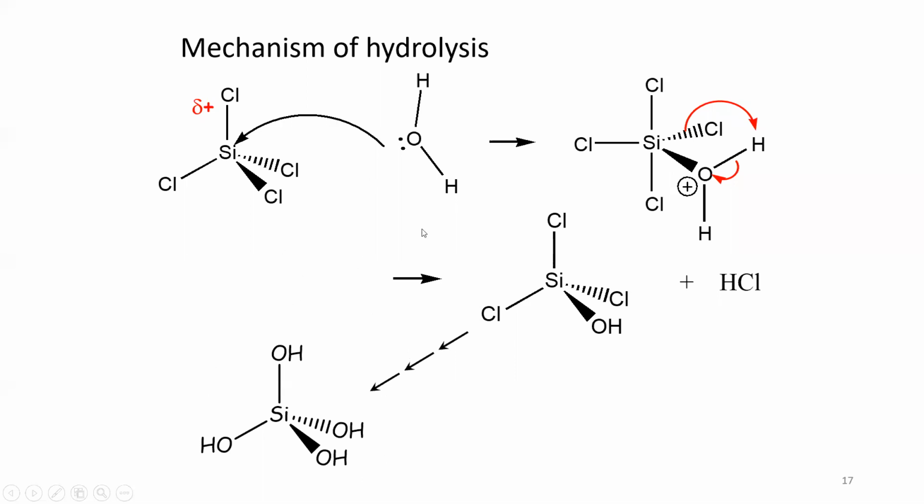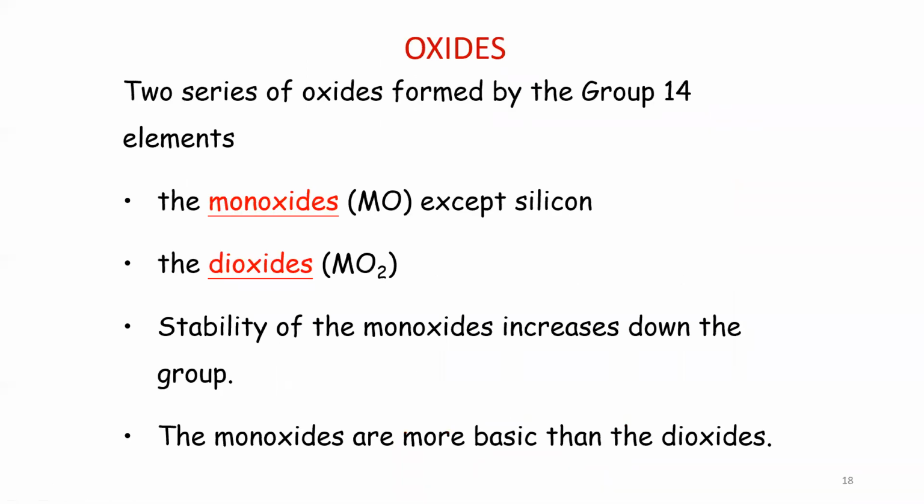So that is actually the mechanism of hydrolysis of your tetrachloride in water. So as I said, they usually lead to the formation of an acid. So your silicon tetrachloride hydrolysis in water will lead to silicic acid.